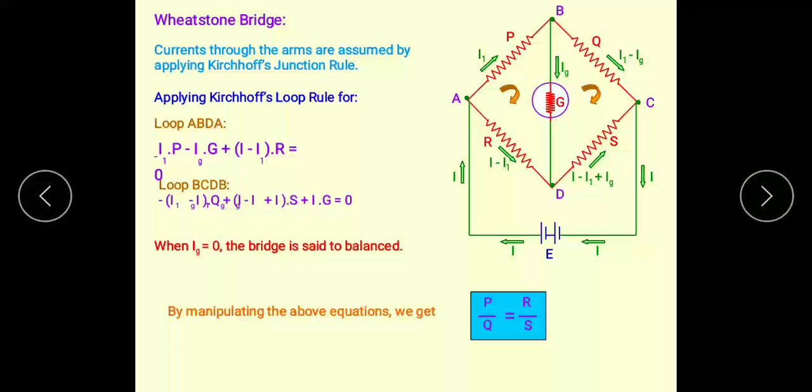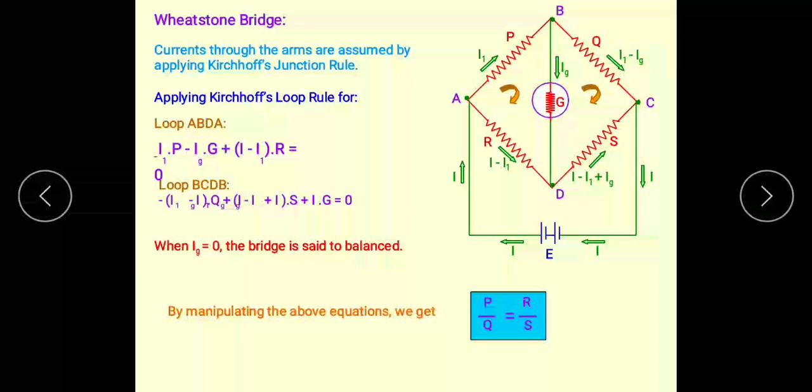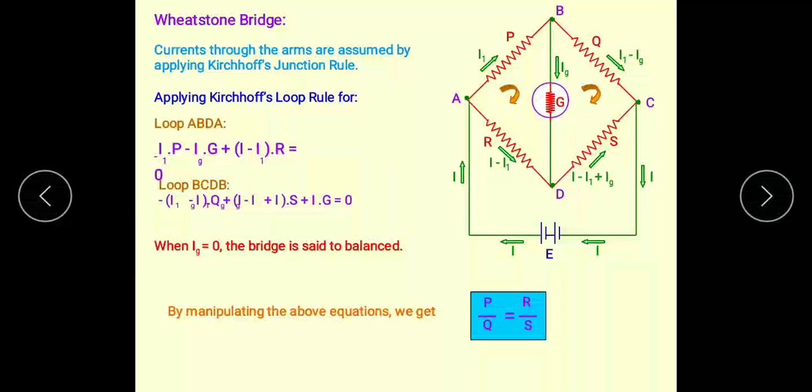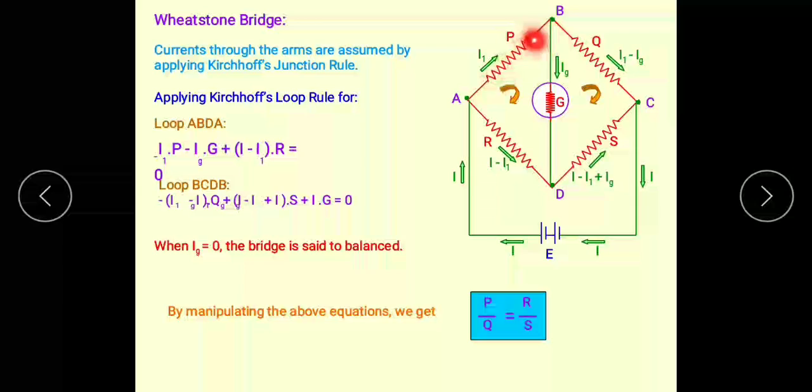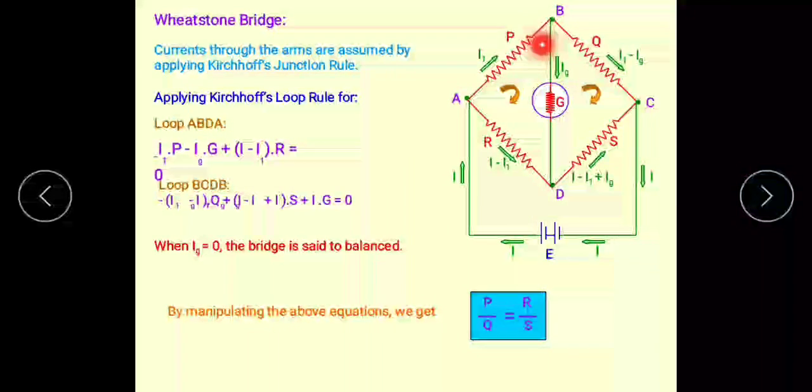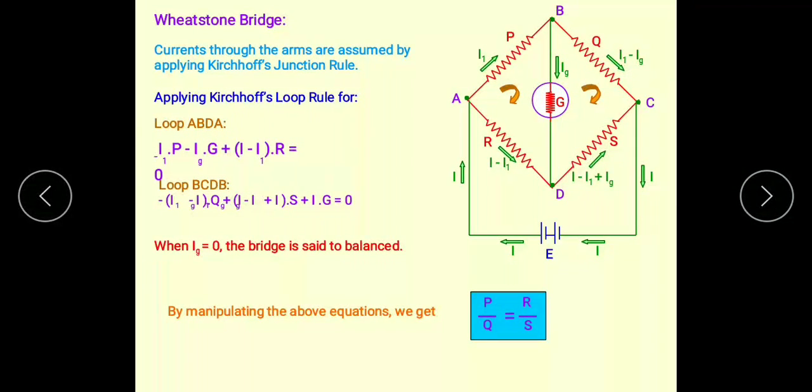How can we determine the sign convention, whether the potential difference is negative or positive? The rule for this: if our calculation direction and the direction of flow of current are the same, then we will take the potential difference as negative.